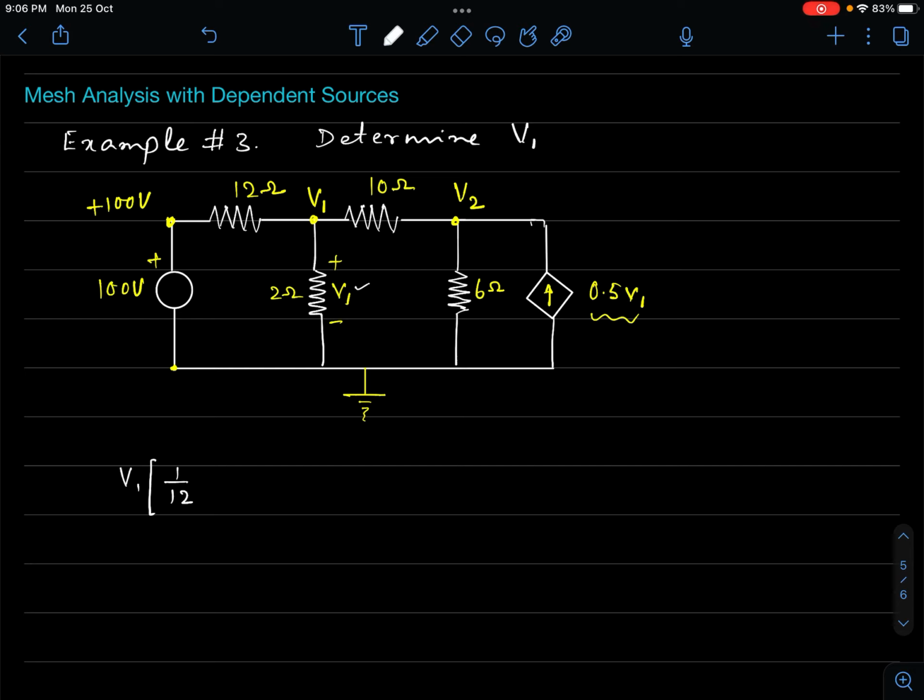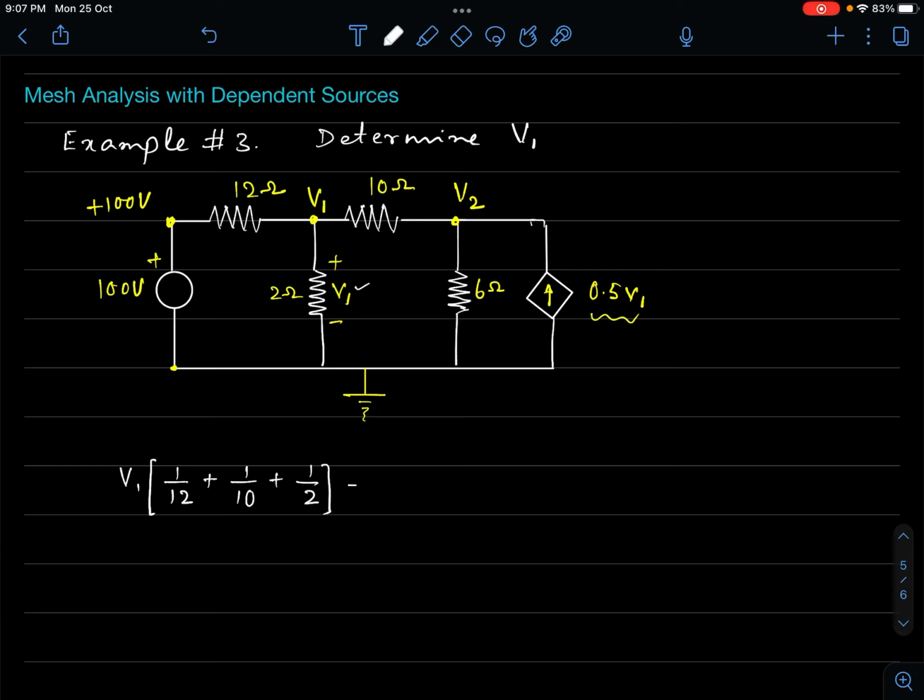This is 1 by 10 plus 1 by 2, the sum of the conductances meeting at node 1. So V1 into that.